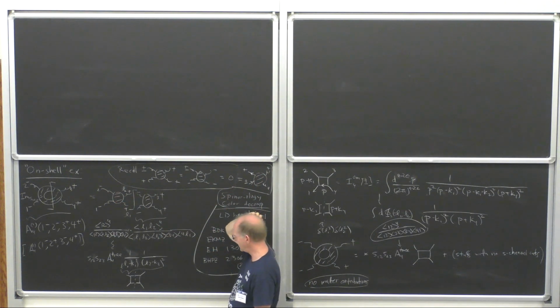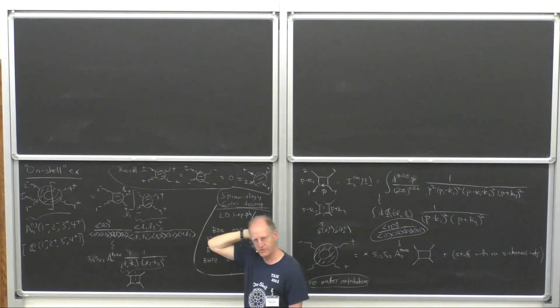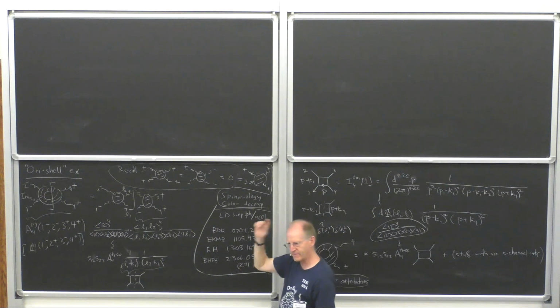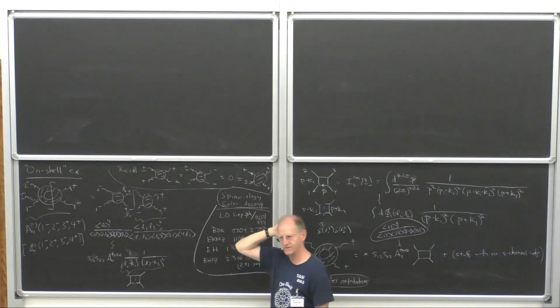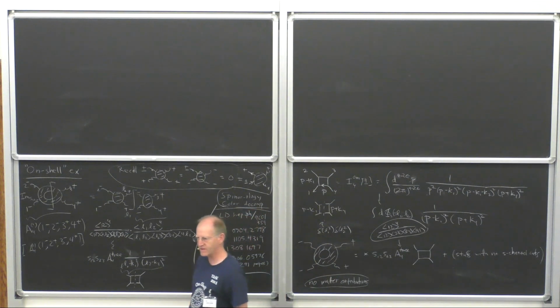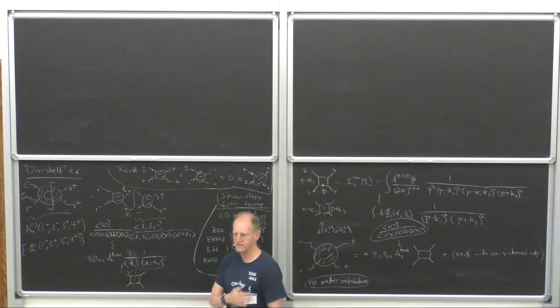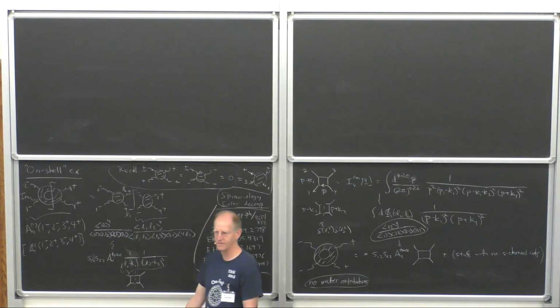Why do I mention scalars in the loop? Because in N=4 super Yang-Mills, remember, there are fermions in the loop and there are also scalars in the loop. Since they don't appear here, it's very similar to the argument we had at tree level, where we said the tree level gluon amplitudes were the same as they are in N=4 super Yang-Mills.